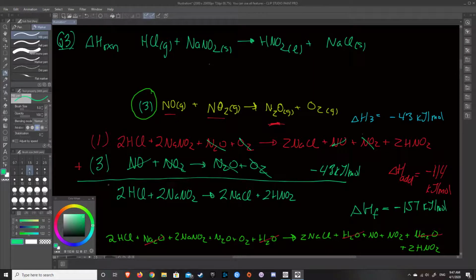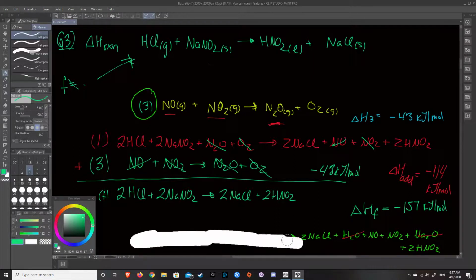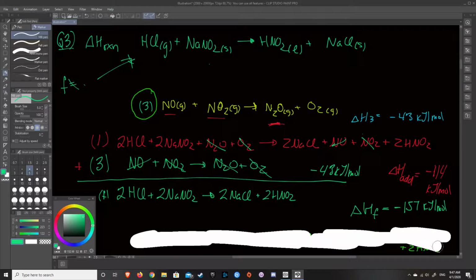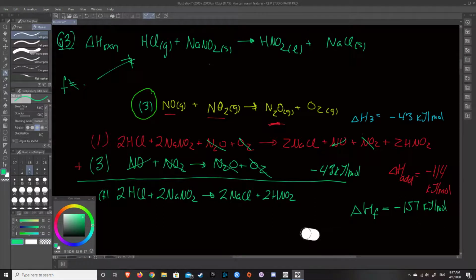But we see our final equation here is not equal to this one. This one is 1 to 1 to 1 to 1, and this is 2 to 2 to 2 to 2. So we've got double the HF value that we need. So instead, we just need to reduce it. We drop the 2, drop the 2, drop the 2, drop the 2, and this needs to be divided by 2.